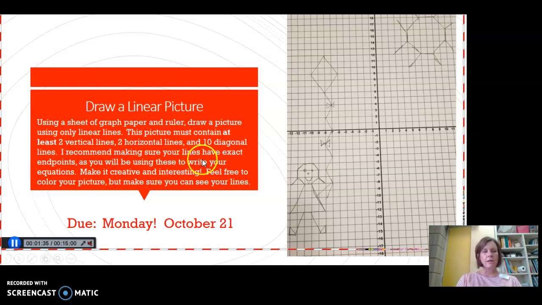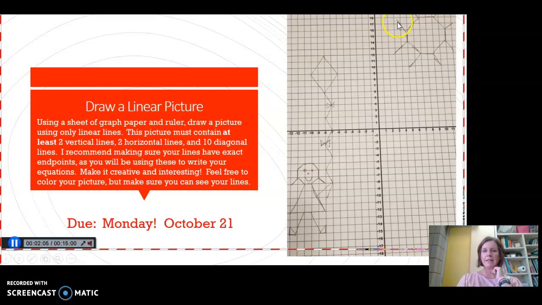Something really important is we're going to be writing the equations of 14 of these lines. And so in order to do that, you want to make sure that those lines have exact endpoints. So if you look here at this line right here, this is an exact endpoint because it's crossing or touching right where 2 lines meet. Whereas this one up here in the top right, see, that's just hanging out in the middle of a square.